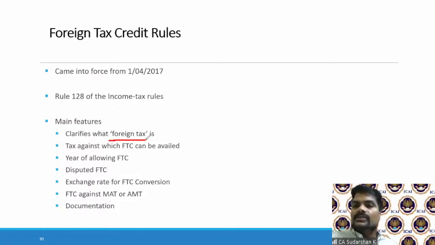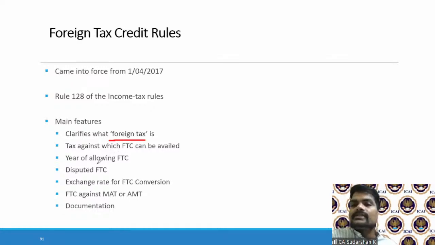The foreign tax will include taxes that pertain to business, but will not include interest, fee, or any penalty that is paid. So any interest you may have paid in the foreign country, or any penalty or any fee, whatever name it's called, those will not be eligible for foreign tax credit. So Rule 128 gives you that kind of clarity.